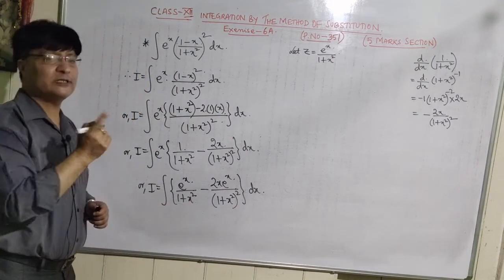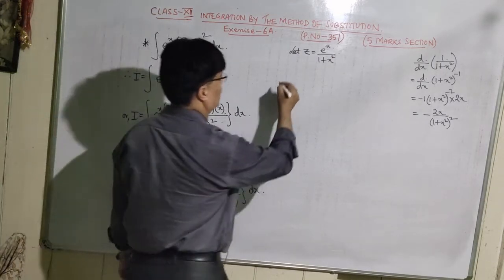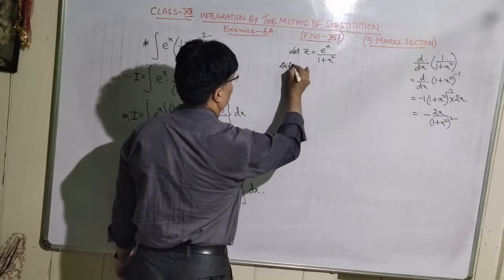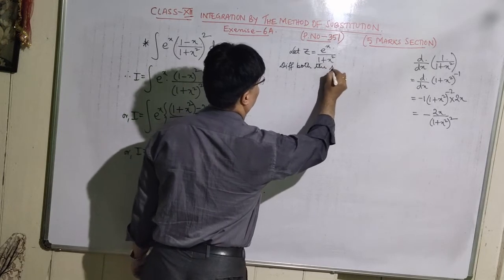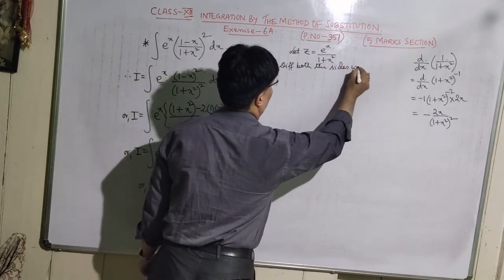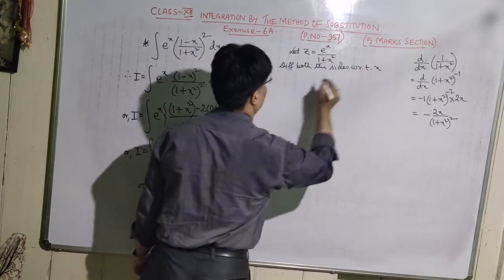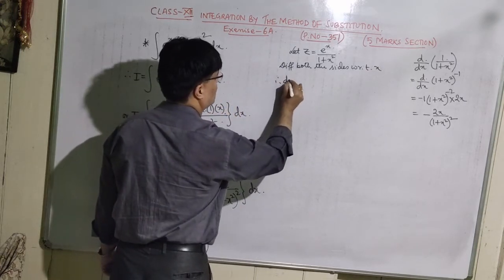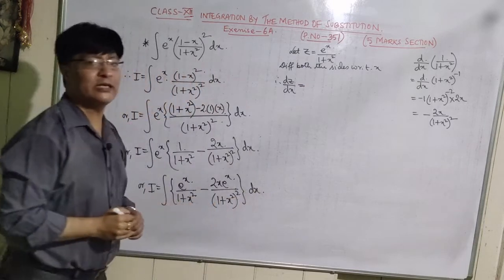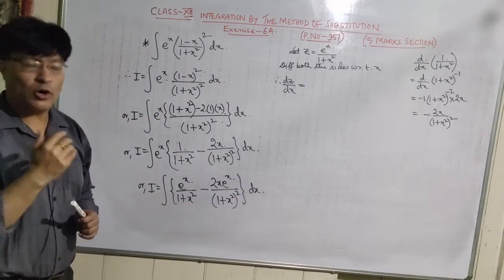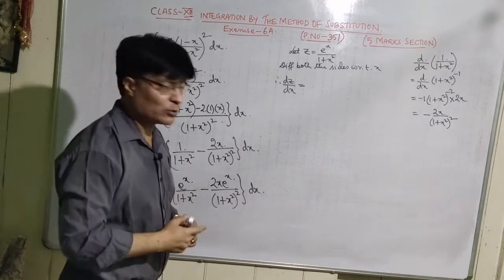So let us differentiate both the sides with respect to x. Differentiating both the sides with respect to x, so it is dz by dx is equal to, now you can use u upon v rule, or you can use the quotient rule of differentiation.